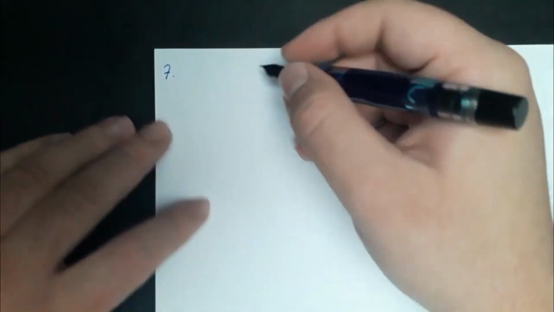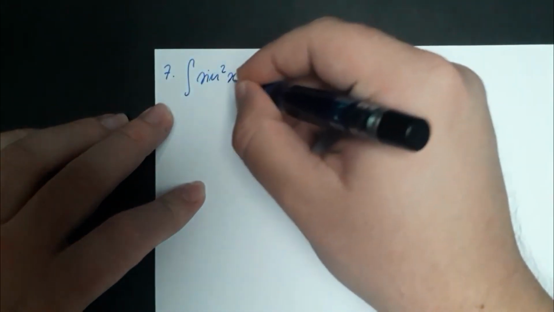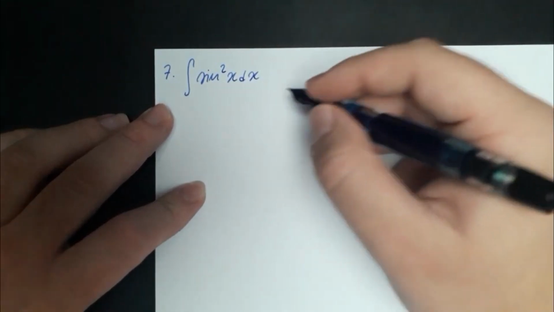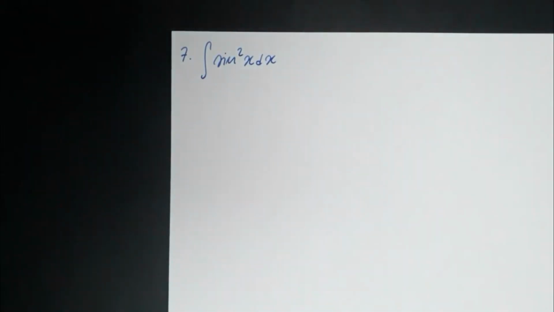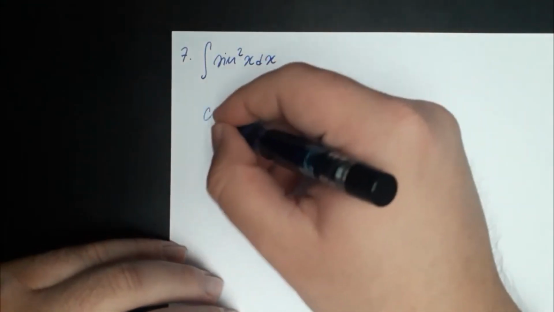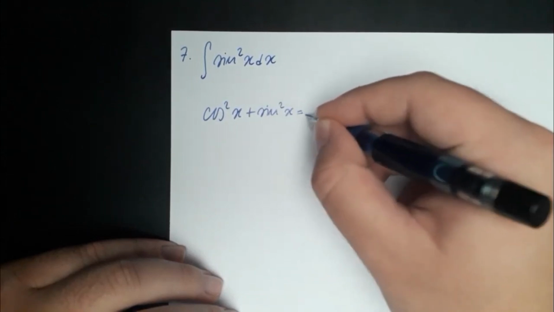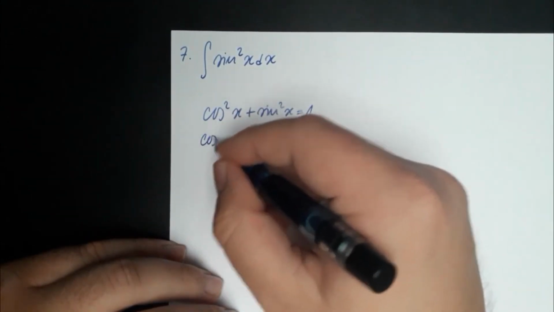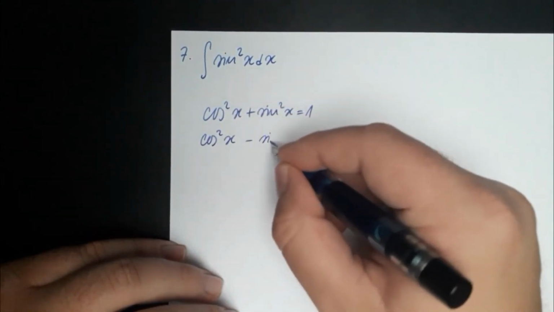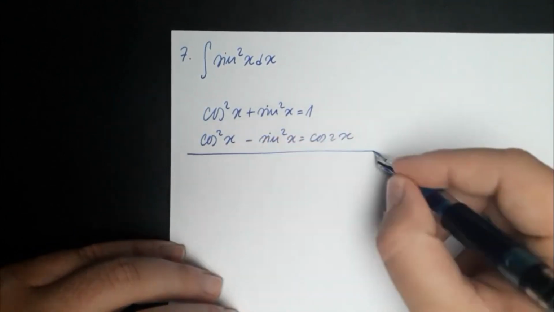The seventh integral which we are going to solve is an integral of sine squared of x dx. Now we are going to use some trigonometry to approach this problem. We know that cosine squared x plus sine squared x is equal to 1, and that cosine squared x minus sine squared x is equal to cosine 2x.